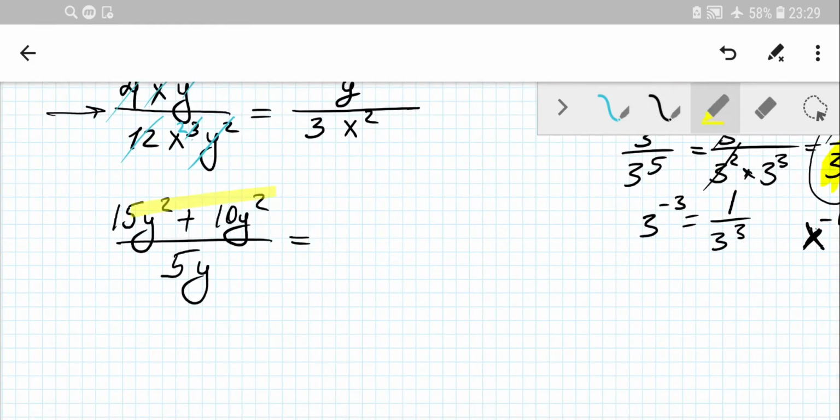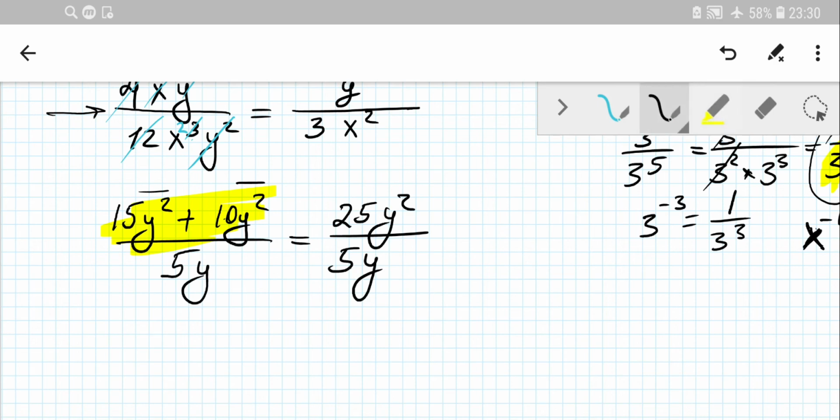Just first try to add similar terms, similar because they contain the same letters. No matter, instead of y squared you might use any other variable like t. So you'll get 15t plus 10t, which is obviously 25t, but instead of t you use y squared. So you simply get 25y squared over 5y.